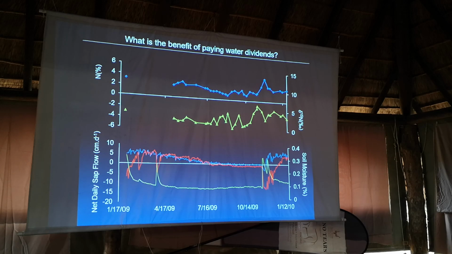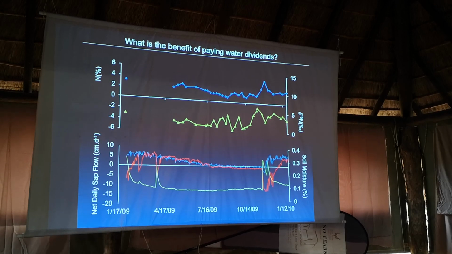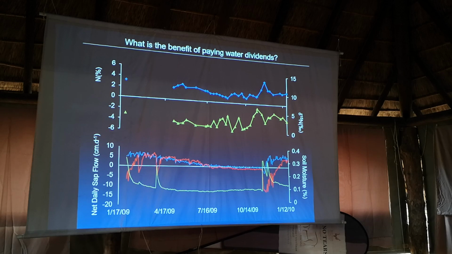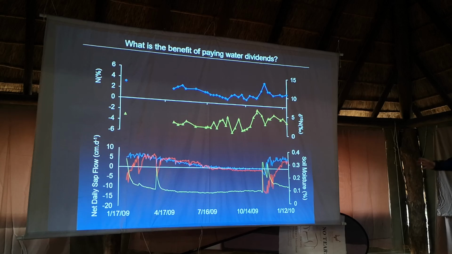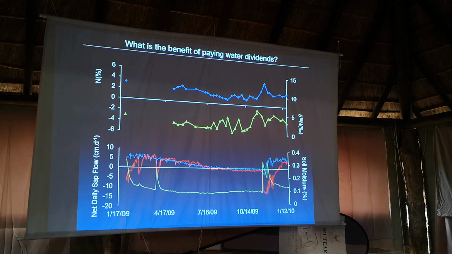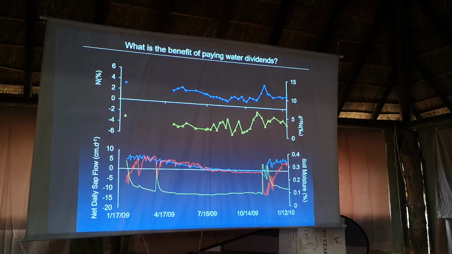So when we get into the dry season, with the mapani giving away water, it's attracting this mycorrhizal attachment to its roots. So it's attracting a source of nitrogen from the bacteria. It's giving the fungus water in order to get nitrogen.